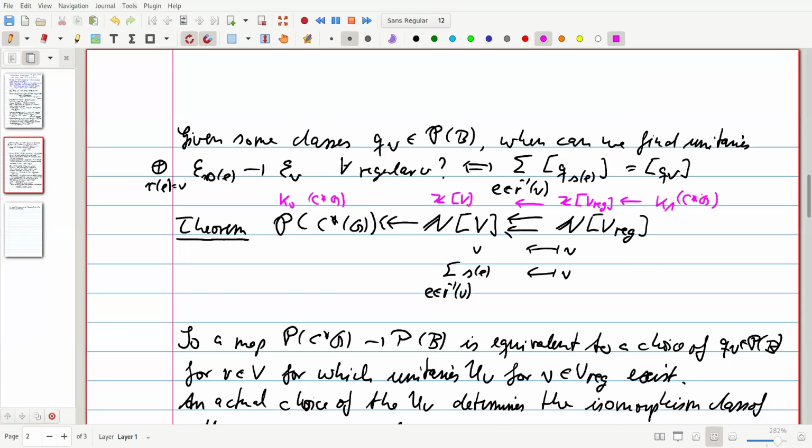That's how you compute K1 of graph C-star algebra. So you take the kernel of this specific map. And so this is now an exact sequence, and then you can continue with zeros if you like, or I like to draw these arrows with decorations. So a K1 class would be an element in Z of the regular vertices, which goes to 0 under this map.